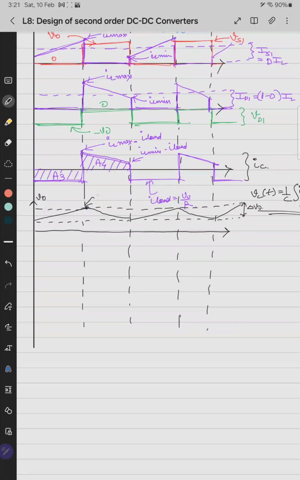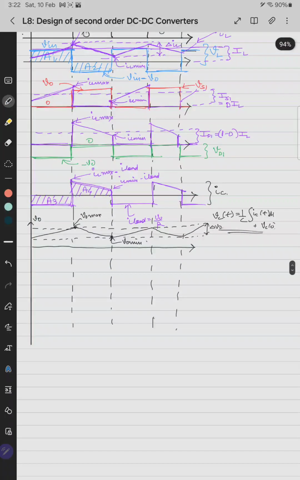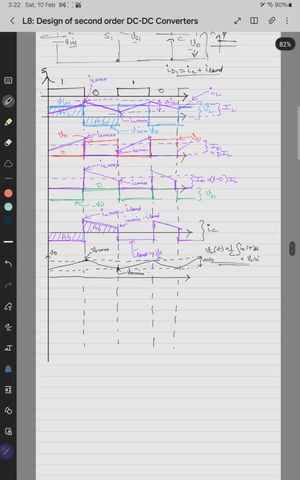This is V naught max, and this point is V naught minimum. So these are the waveforms of the boost converter.